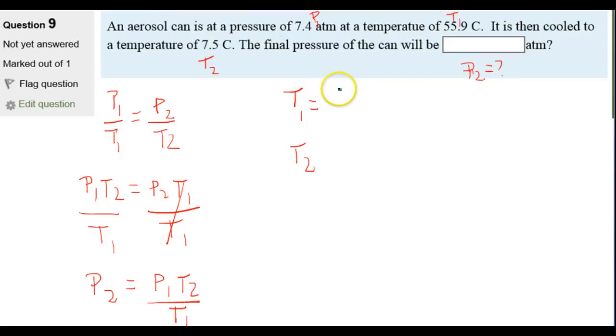T1 is 55.9 degrees Celsius. We're going to add 273 to this, and we'll end up with 328.9.